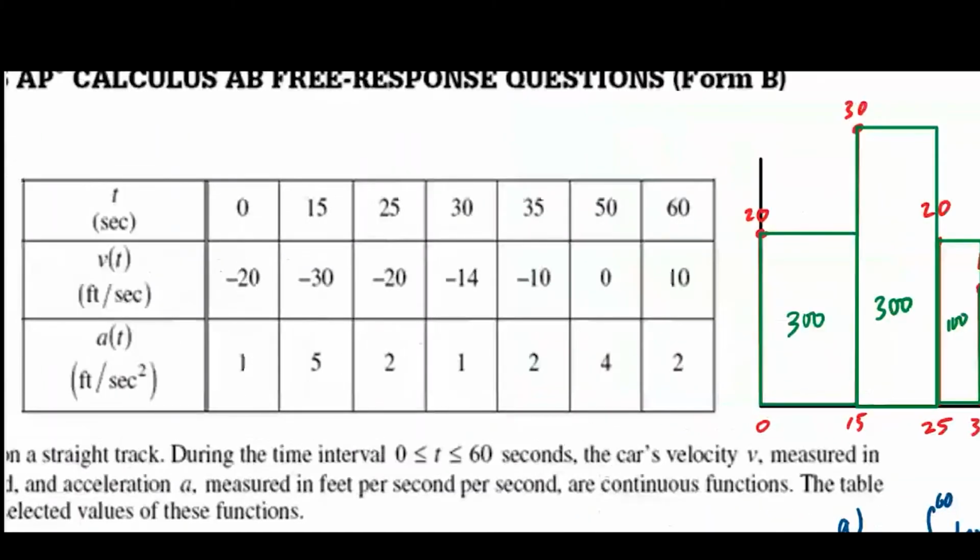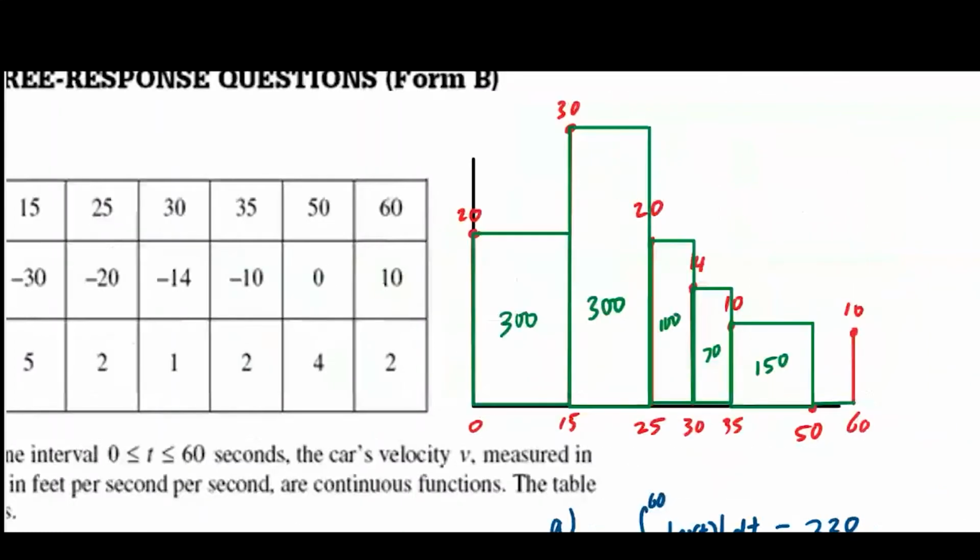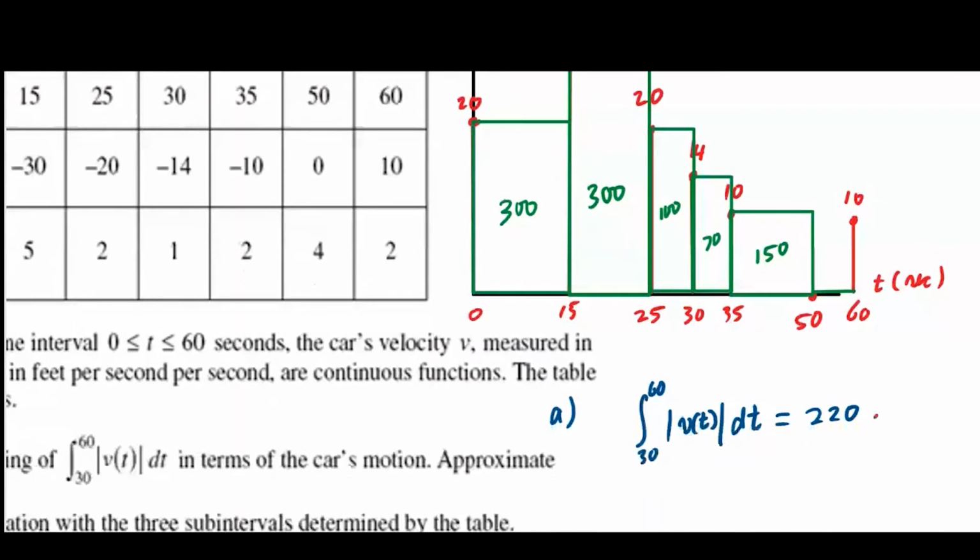It's not feet per second, it's feet. Why is it feet? Because this is your velocity, which is given in feet per second, and this is your time, which is given in seconds. So unit-wise, this height is feet per second, and this width is seconds, and seconds cancel when you multiply. So this unit is feet.